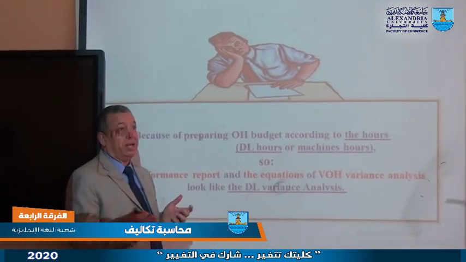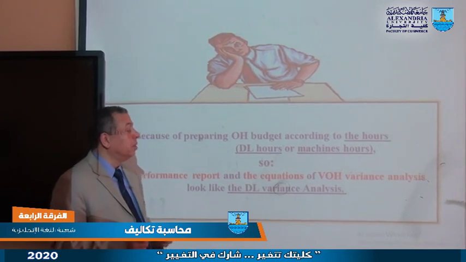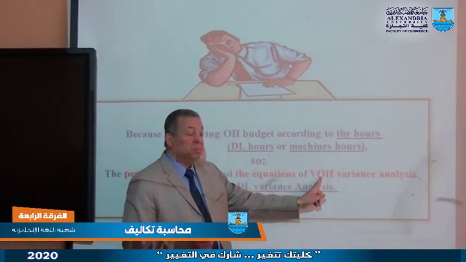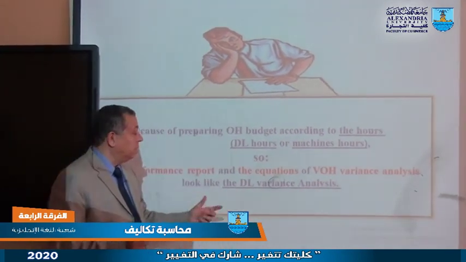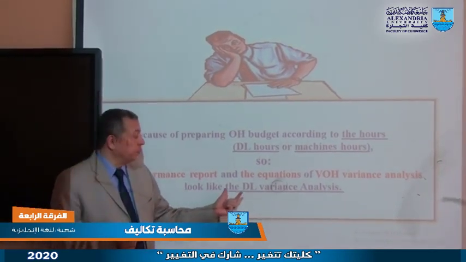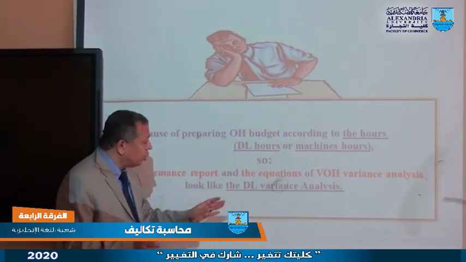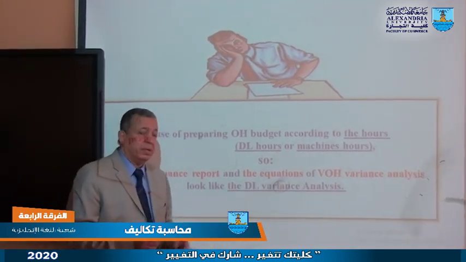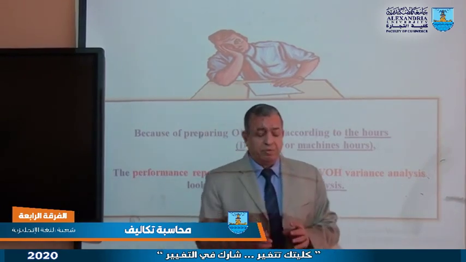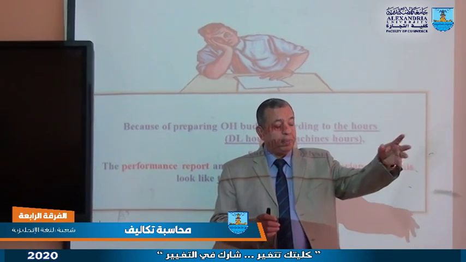A performance report, nothing new. Equations, nothing new. For variable overhead, it will look like the direct labor variance analysis. So, if you remember with me, direct material has quantity and price.